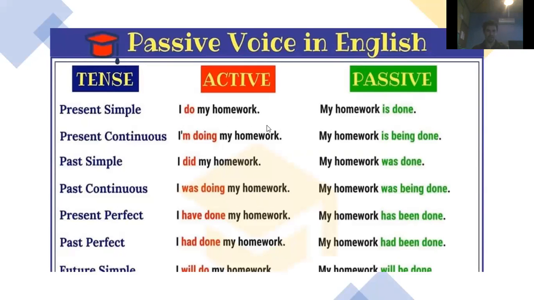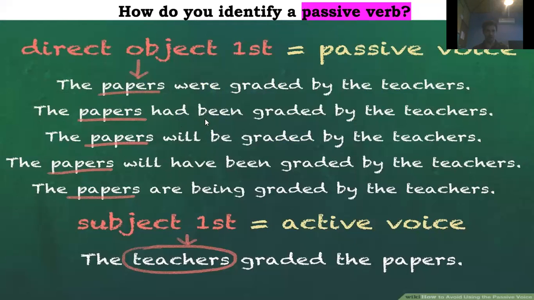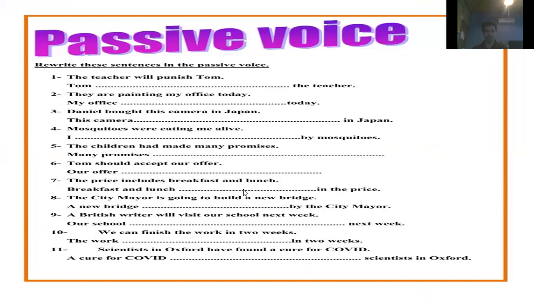Okay, so here are some ideas: is, do, doing, did, was, have, has been, were, had been, will be, have been, are being. These are all ideas that will help you to fill in some of these sentences.